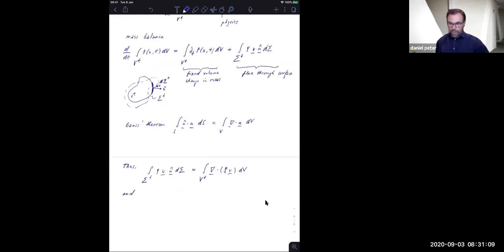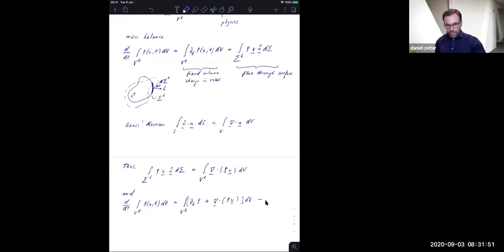Good. And now we can put everything under the same integral. So we have our rate of change of mass. That's the initial expression we had. It is now the integral over a volume of the partial derivative with respect to time of density plus the divergence of rho times V. So we integrate over the volume.